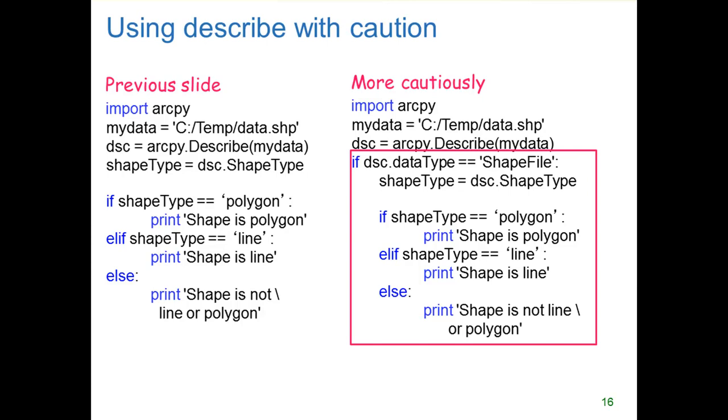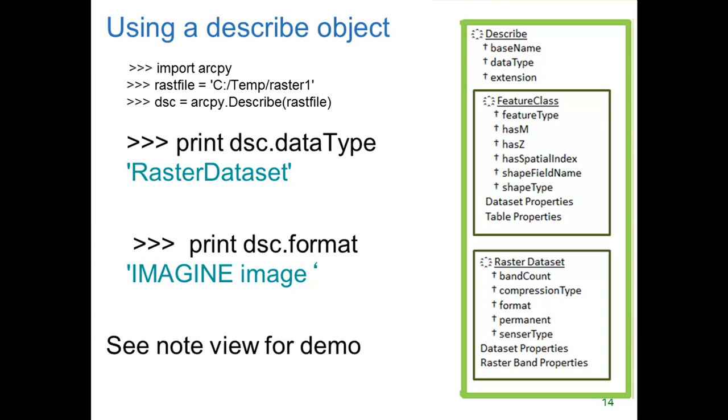Yes? You can do data type. If you look at this box here, the things that are outside here are free for any data type, right? Any data type will have a base name, a data type, an extension. But the things that are inside the dark green boxes are specific to those types.